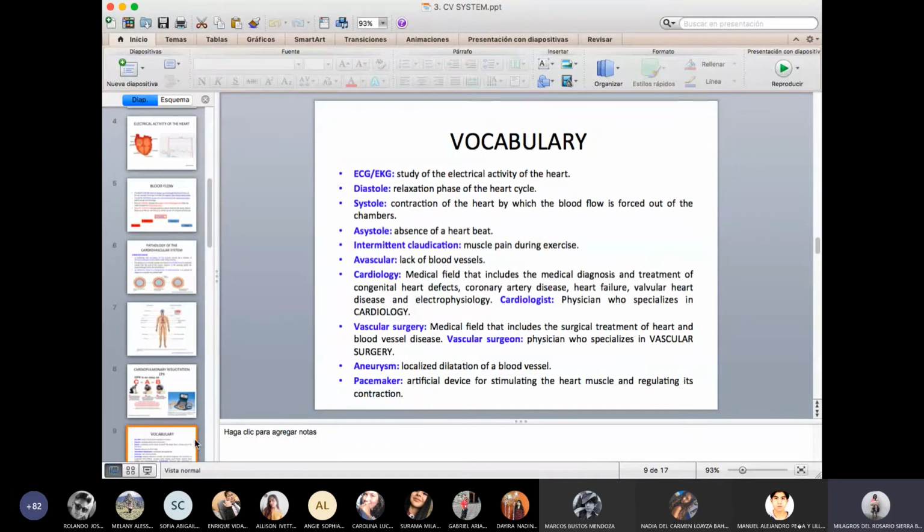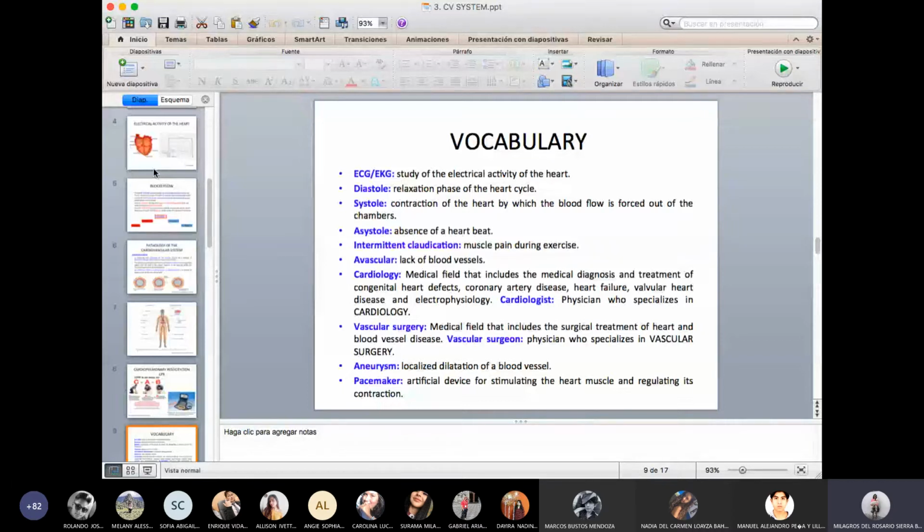So some vocabulary that you already know. EKG and ECG, that we talked about, the representation of the electrical activity of the heart. Then diastole, that is one of the phases of the heart cycle. Diastole is when it relaxes. Also, it's important that in the diastolic phase the heart gets its irrigation from the coronary arteries.